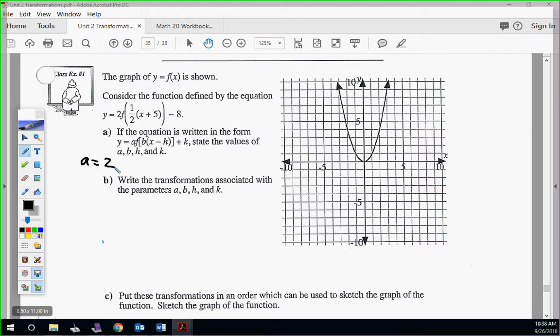B is 1/2. Those are my stretches. H is -5, and k is -8.